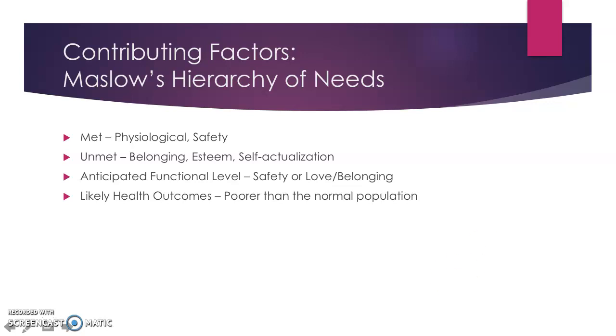So the anticipated functional level would be safety, potentially love and belonging. So the health outcomes likely would be poorer than the normal population of kids without an intellectual disability. If they cannot meet these lower needs, they're not going to be able to meet the higher needs.